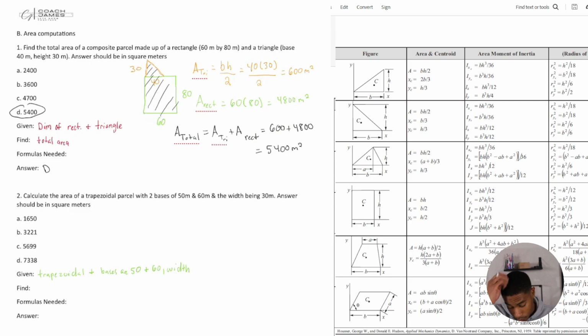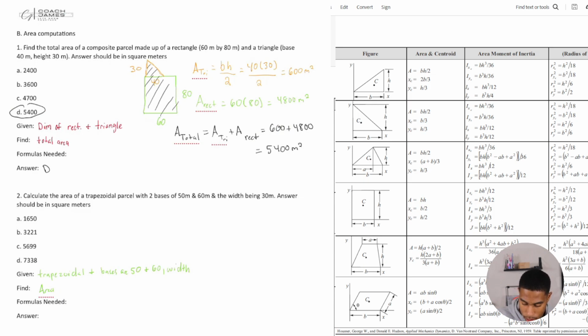So we're trying to find the area of the trapezoid. All right, so how do we do this? And what does this look like?